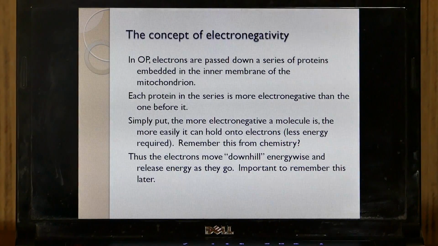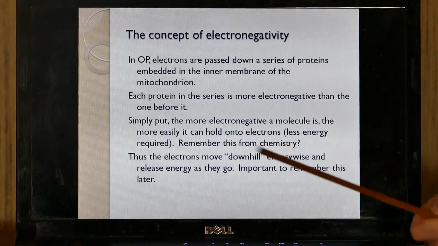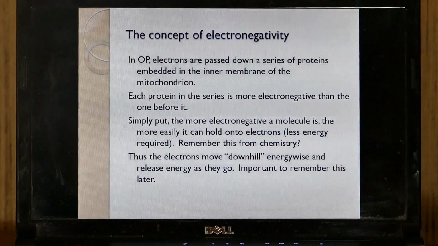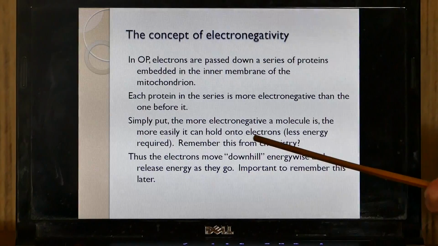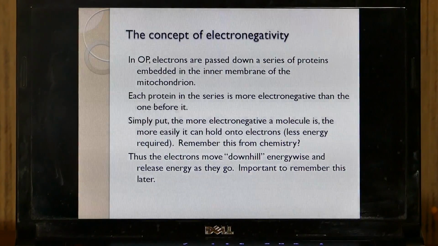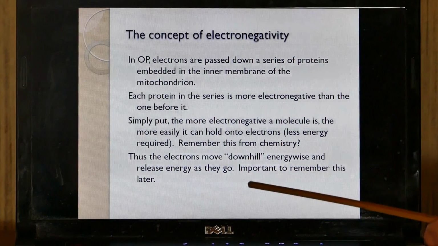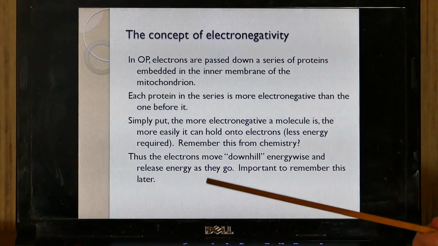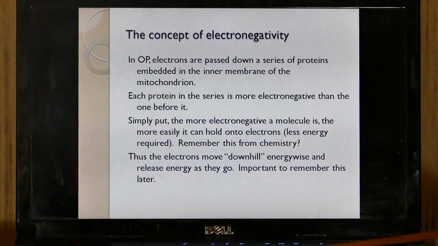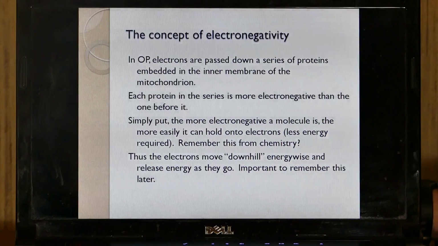So, in simple terms, the more electronegative a molecule is, the more easily it can hold on to electrons. It takes less energy for it to hold on to electrons. So, during the OP process, the electrons move downhill energy-wise, and they release energy as they go. And it's important to remember this in a little bit.